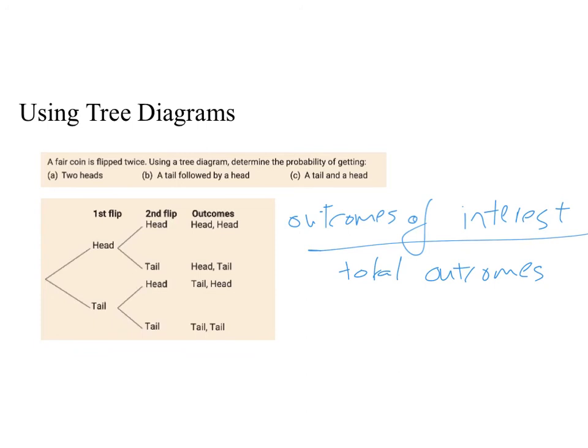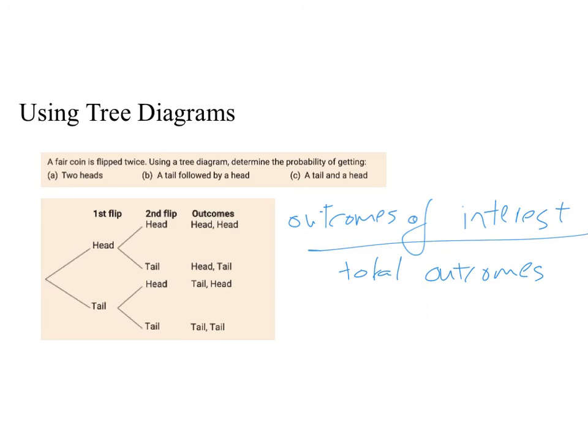So as before, what we're going to do to calculate the probability is get the outcomes that we're interested in and divide it by the total number of outcomes. In this case, the total outcomes is 4 because we have 1, 2, 3, 4 outcomes. Heads, heads, heads, tails, tails, heads, or tails, tails.